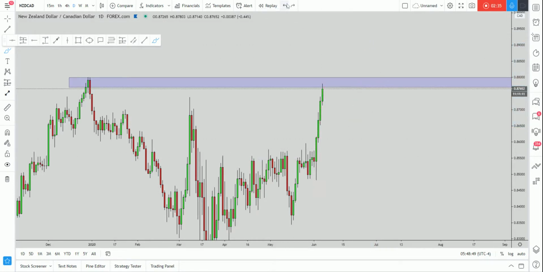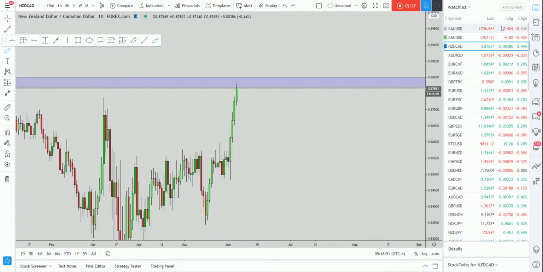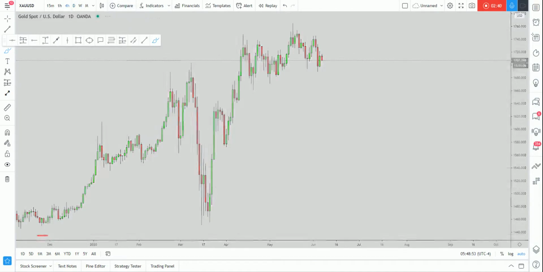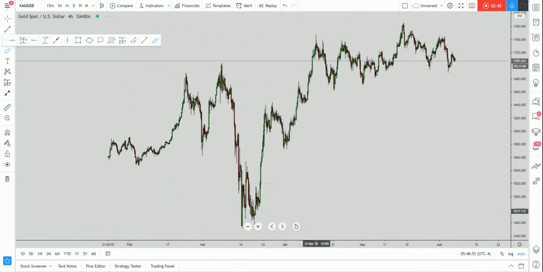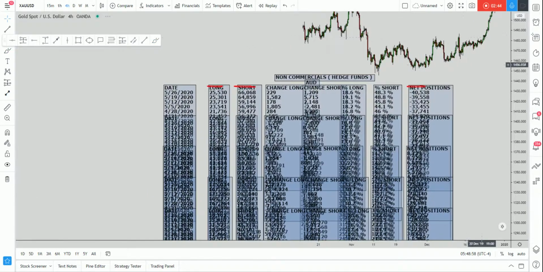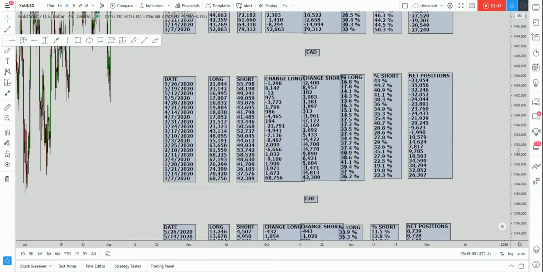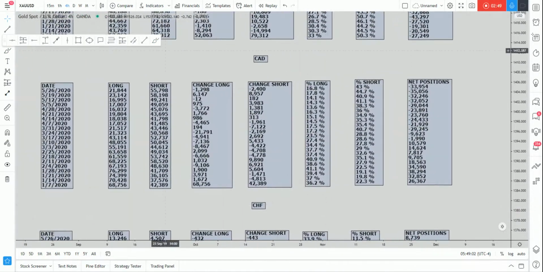So let's go quickly and see what we have from a COT perspective. So commitment of traders, what hedge funds are currently doing on NZD and on the CAD at the moment. So from a CAD perspective, what can we see? We can see that we were sitting at a positive net position number all the way up at 38k here, and we're now sitting at minus 33k, meaning that we went from having more longs than shorts from an institutional perspective on the CAD, to having more shorts than longs.